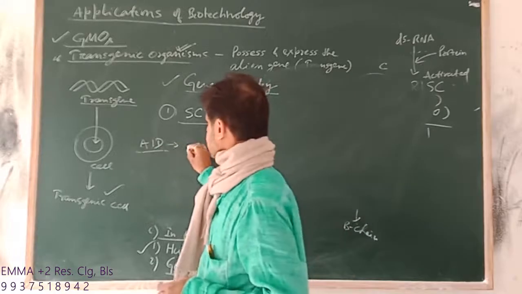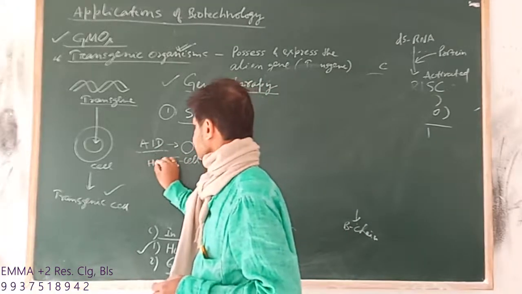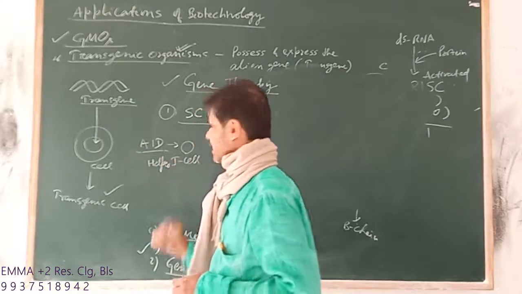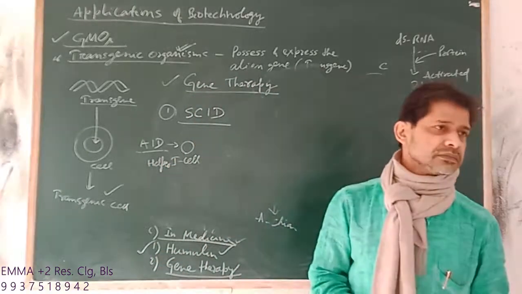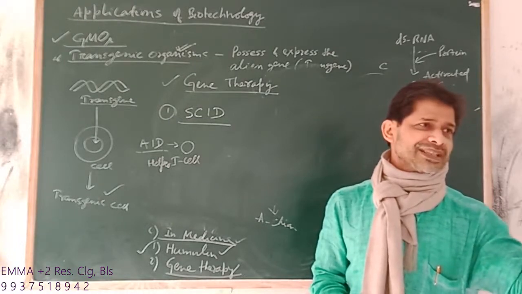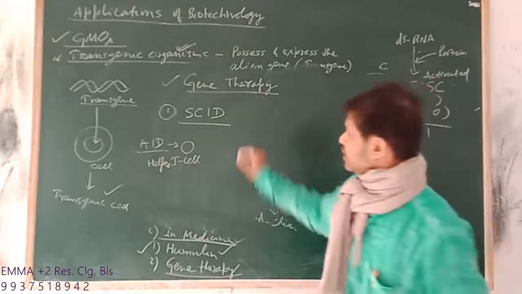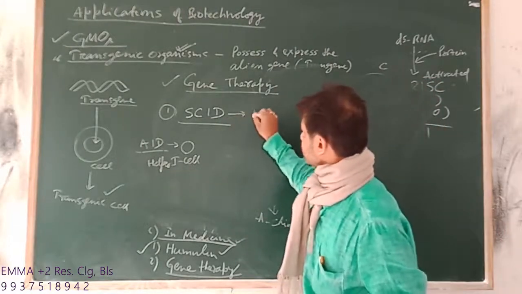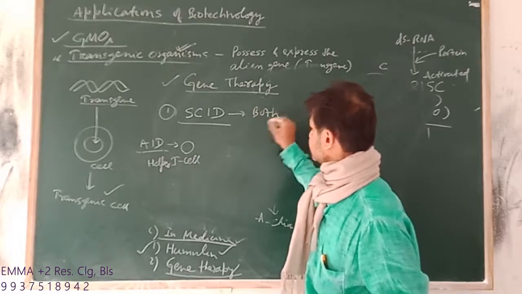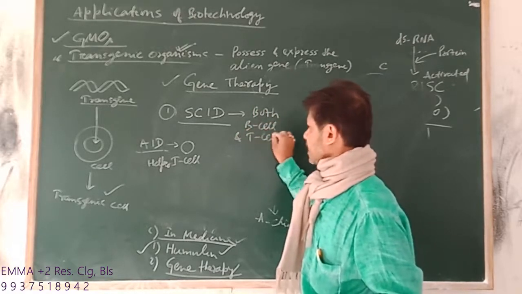In this disease, one cell, the helper T cell, is affected. All of you know, for our immune system, two types of cells are necessary for acquired immunity: B cell and T cell. So in this disorder, both B cell and T cell are affected. So it is more dangerous than AIDS.